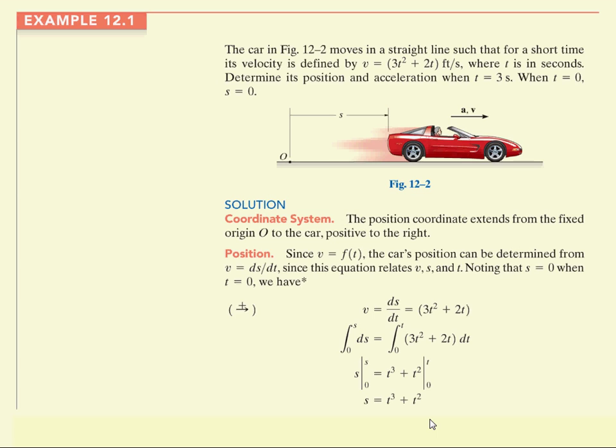Okay, so basically what we're saying is that the velocity of this vehicle has this function. So it's not that it's traveling 55 miles an hour or so like that.